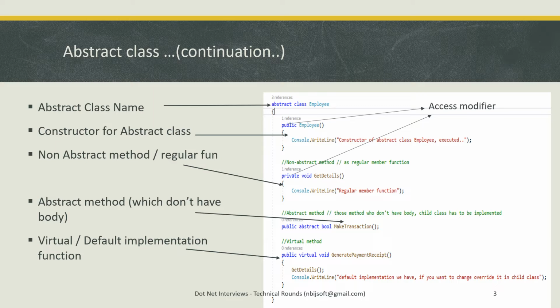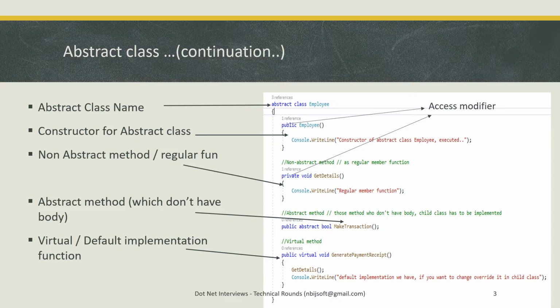So in this example we took public abstract bool make transactions. This is our abstract method, and we have get details as a private method, which is restricted to the employee class only. Again we have another virtual method, public virtual void generate payment receipt.